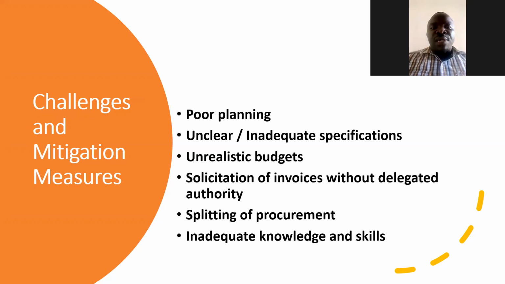Poor planning by user departments leads to delay in procurement processes and also creates a situation of emergency procurement, whereby little time is given to the procurement process, and this can result in acquisition of poor quality items when the bidders are contacted.